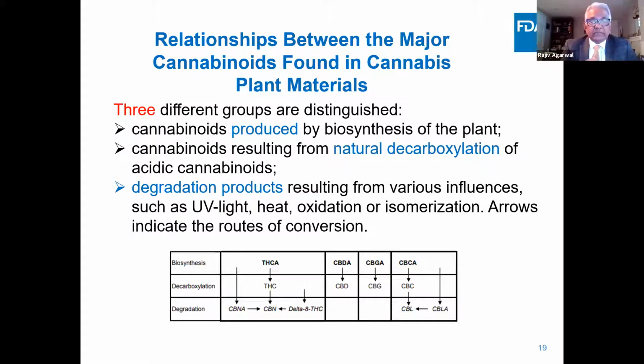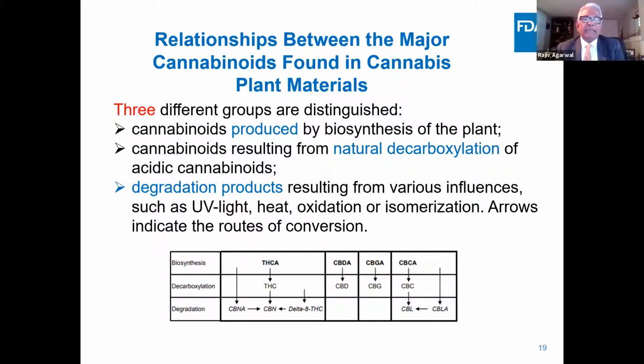Then the delta 8 THC is also formed from the THC, which is also present in the plant, and you will be hearing a lot about delta 8 THC. And then you have CBDA, which converts into the CBD by the pathway of decarboxylation, meaning the acid disappears. The CBGA goes to CBG, and CBCA goes to CBC. CBC further degrades to CBL, and CBLA is also formed, and it converts to CBL.